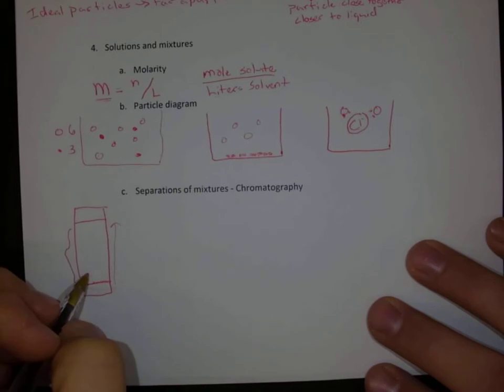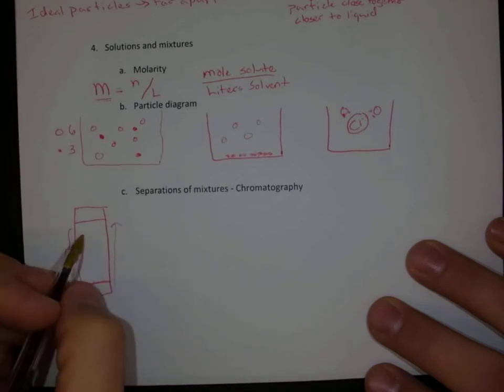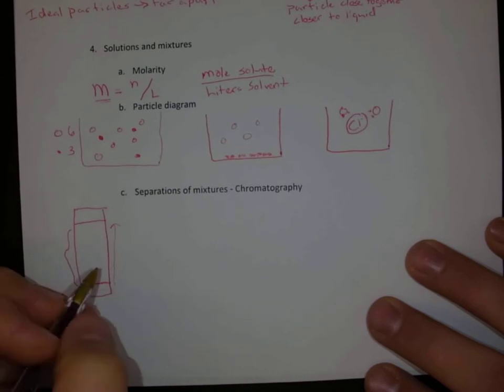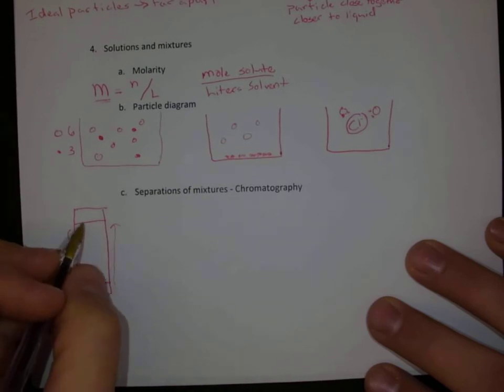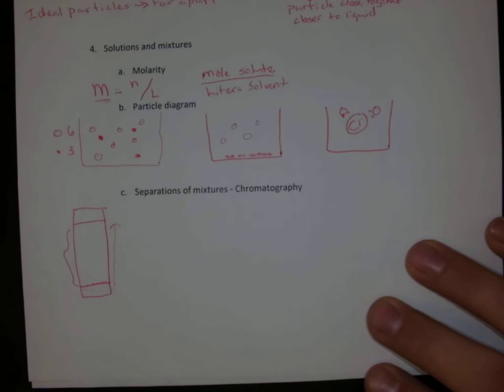If it stays all the way down at the bottom, maybe we want to move it further. We need to make our mobile phase more polar. If I have something that pulled a little bit too far and we wanted to move that down a little bit, I would need to use a mobile phase that is less polar, because the less polar, it's not going to be able to pull the compounds as far, okay?